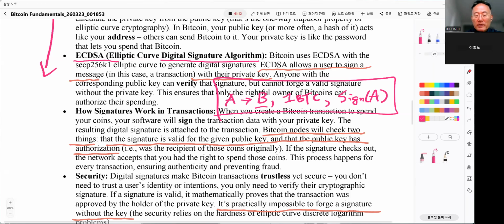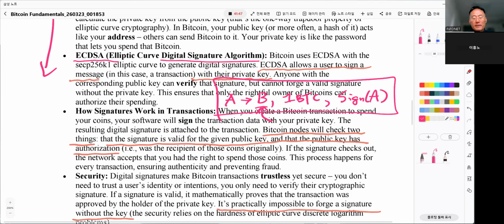And here B is actually person B's public key, or an address derived from person B's public key. For now, you can think of it as the public key of person B. So person B has the private key that leads to this public key.